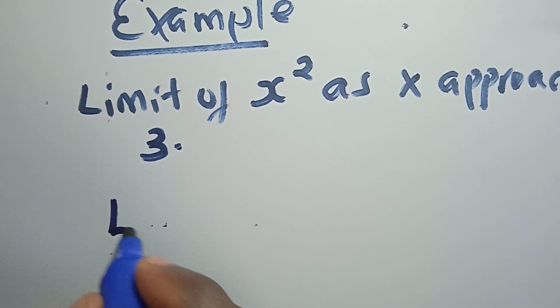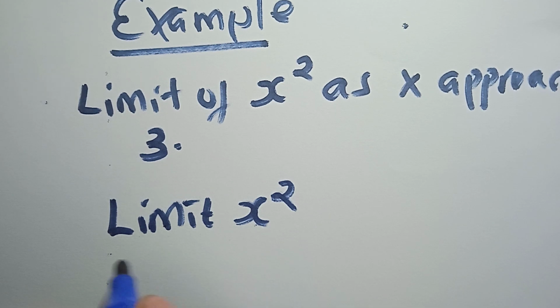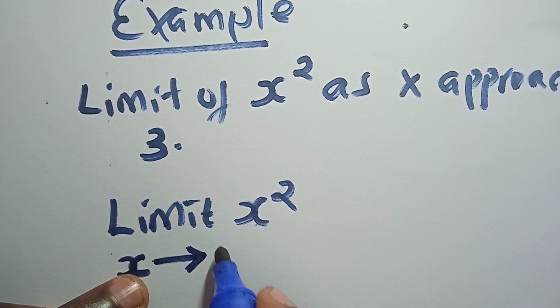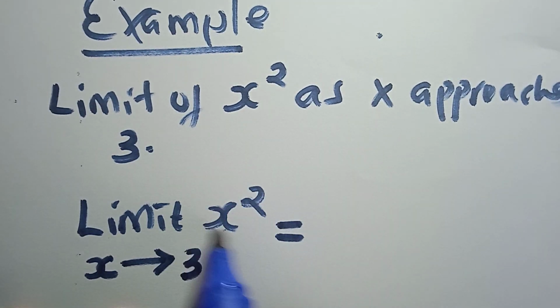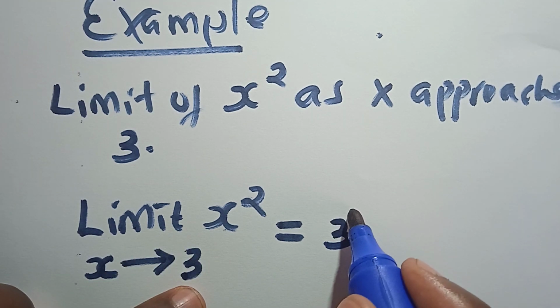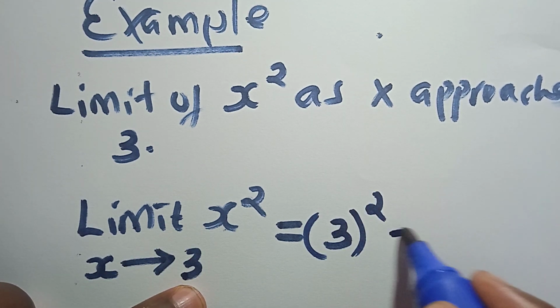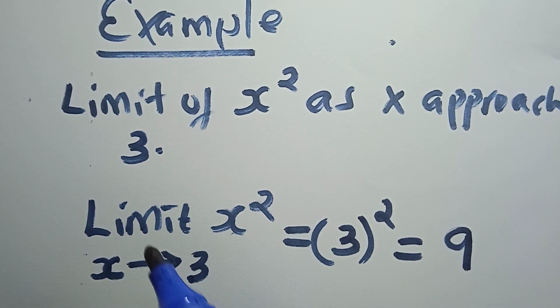We write it by saying the limit of x squared, and then down here x approaching 3, using the symbol for approaching. This will be equal to, you just substitute the value of x inside here. So this is 3 squared, and this will give us 9. So we say that the limit of x squared as x approaches 3 is 9.